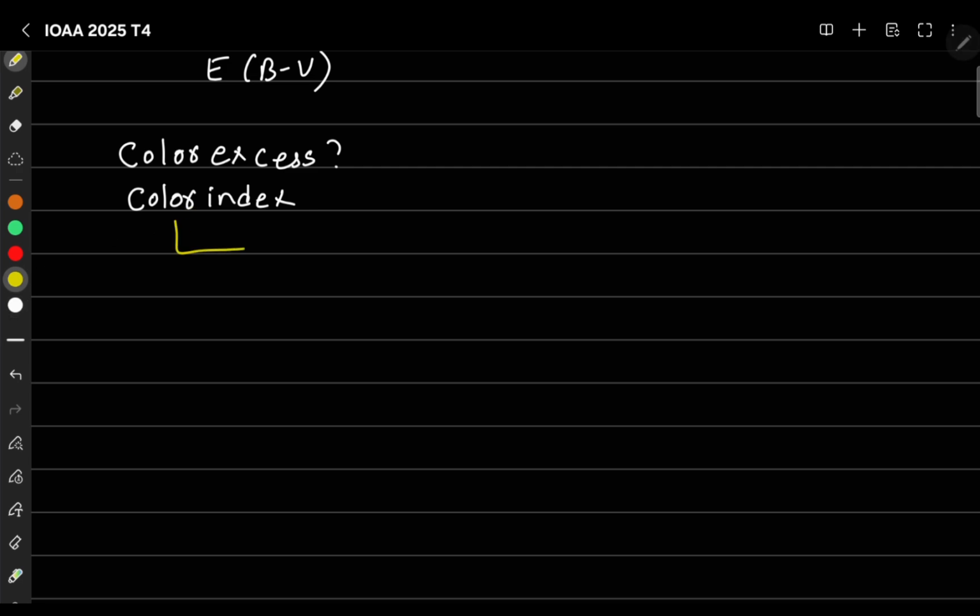So if I want to define a color index, it tells me the color of a star.